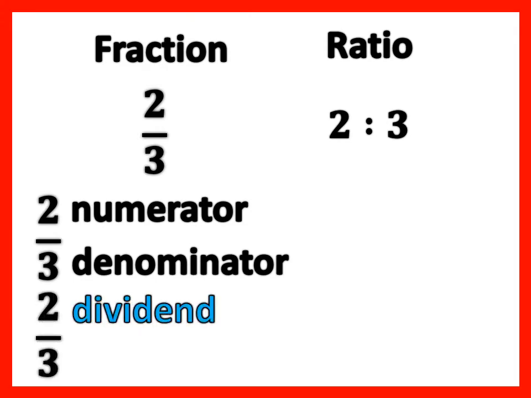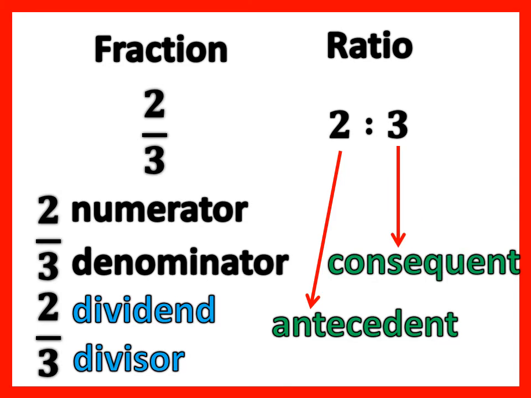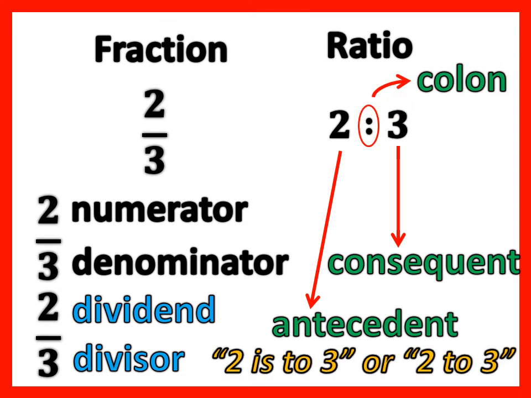Also, 2 is the dividend and 3 represents the divisor. But in ratio, the first term is the antecedent and the other term is the consequent, separated by the colon symbol. This is read as 2 to 3, but commonly it is read as 2:3.